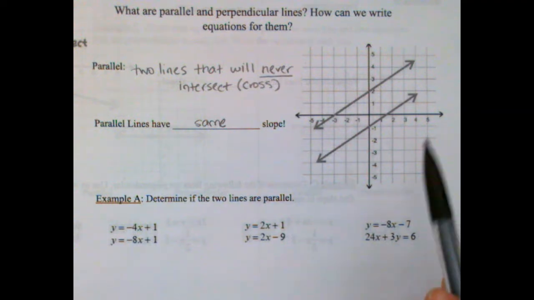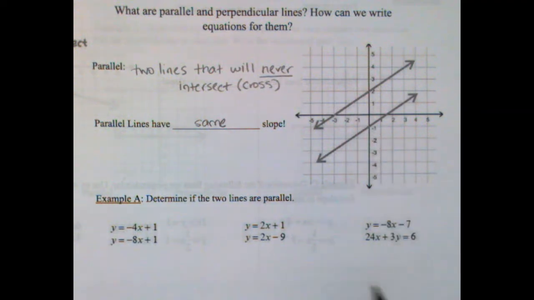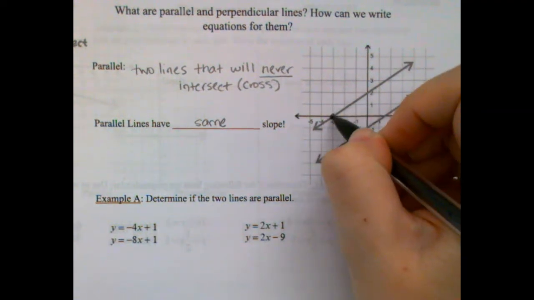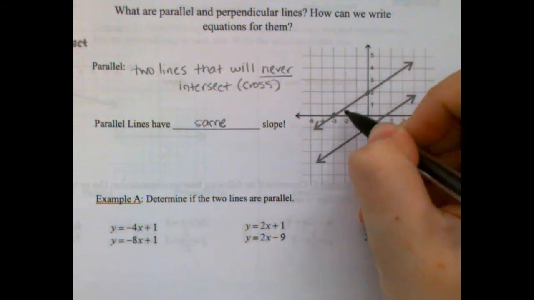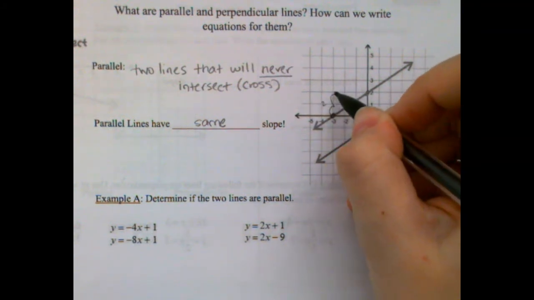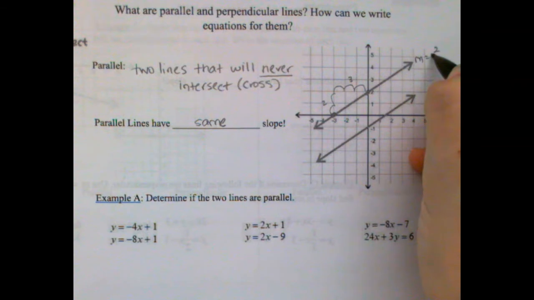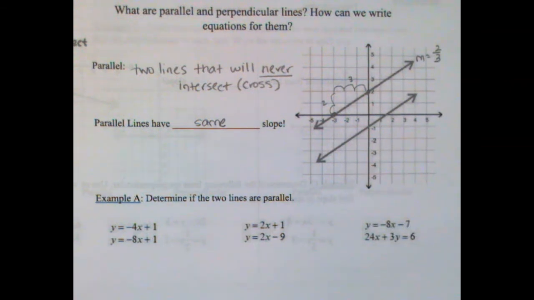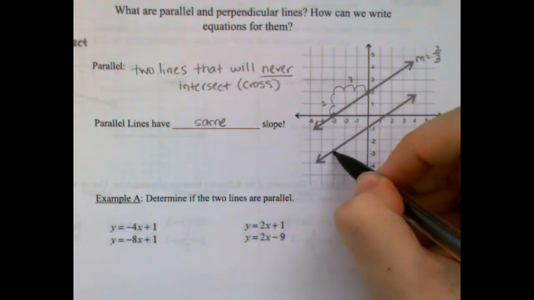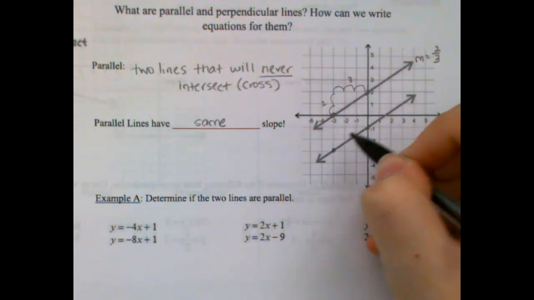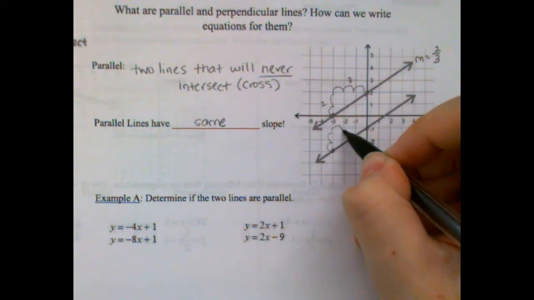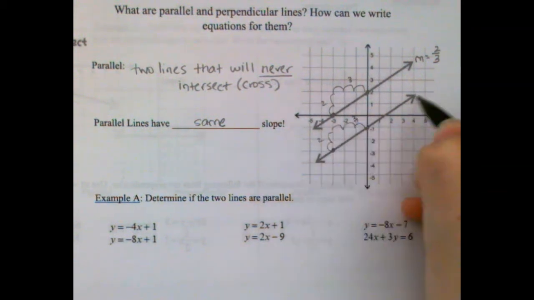So for example, if we look at these two lines on the right, if I go ahead and find the slope of each one, so here's a point and here's a point, and this slope is up 2, over 1, 2, 3. So this top line has a slope of 2/3, and this bottom line is also up 2 over 3.